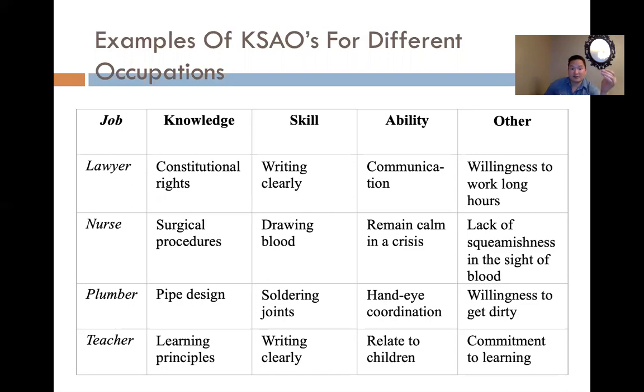For a nurse, so my little sister is a nurse in Chicago right now, and she needs to know about different surgical procedures, even if she's not doing them, so that she knows what issues may come up. She knows how to draw blood. That's a skill that you do fairly often. She needs to have the ability to remain calm in a crisis.